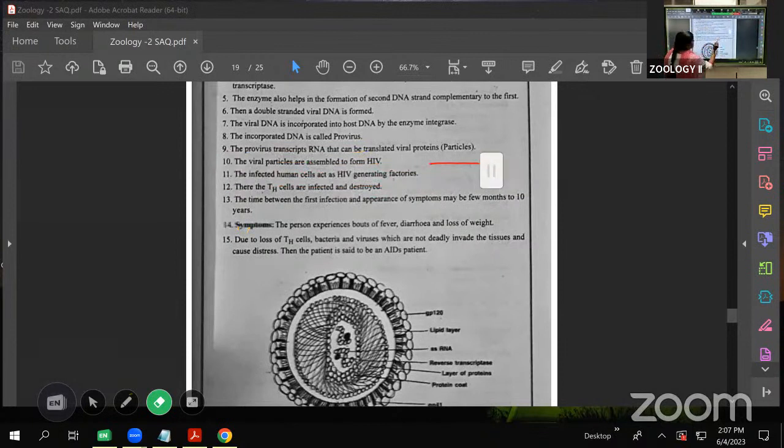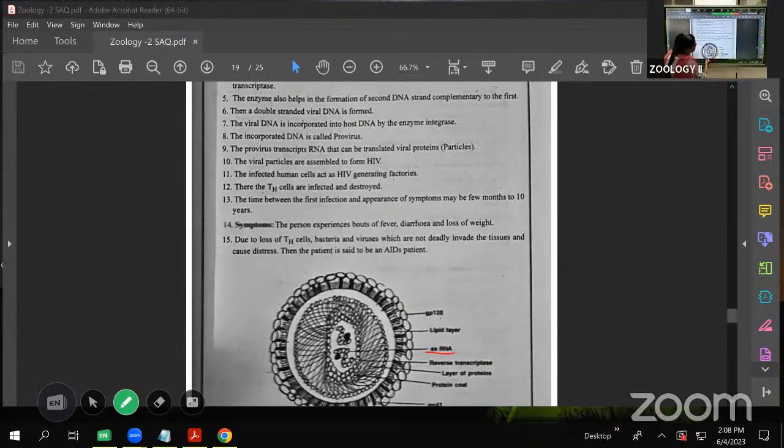In the center, the ssRNA is present. That is the genetic material. It is surrounded by a lipid layer.